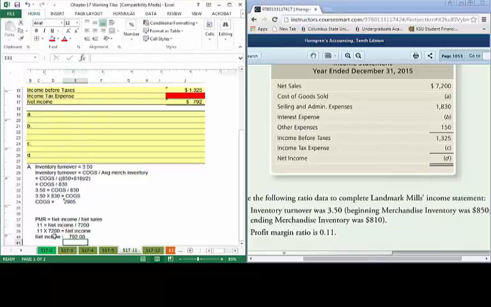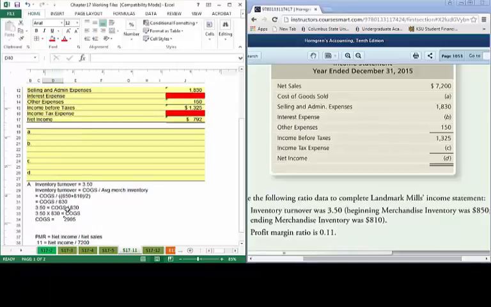All right, so we know that's going to be net income. So net income was up here, so that was D.